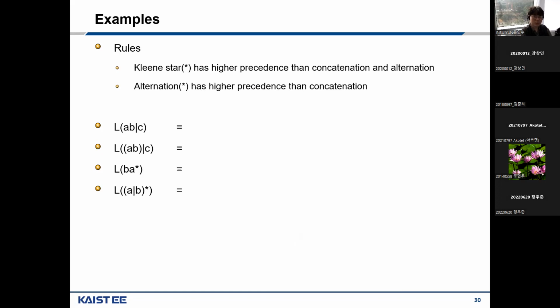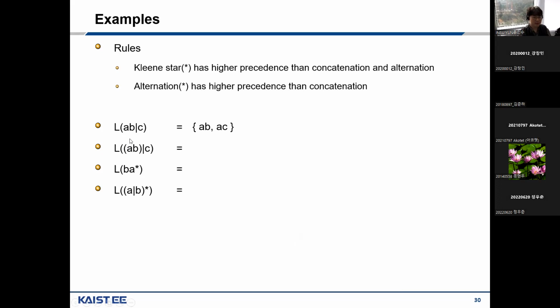So this L(A, B or C) is equal to L(A (B|C)). It should be considered like this. If that is the case, what would be the matching set? Yeah, it is AB and AC, correct.